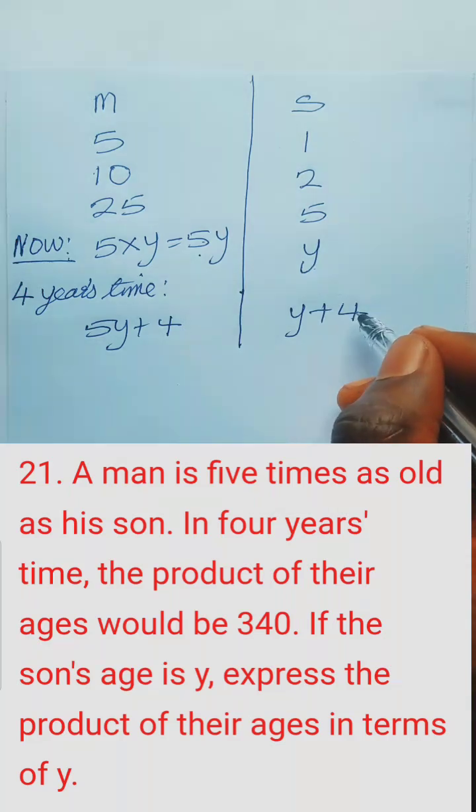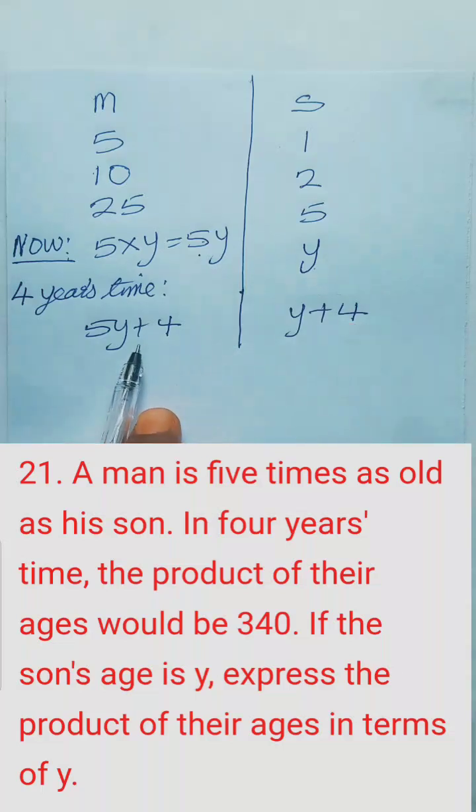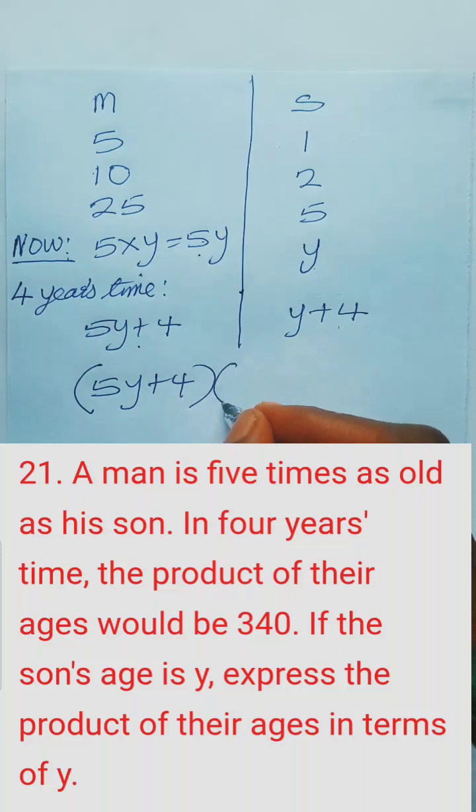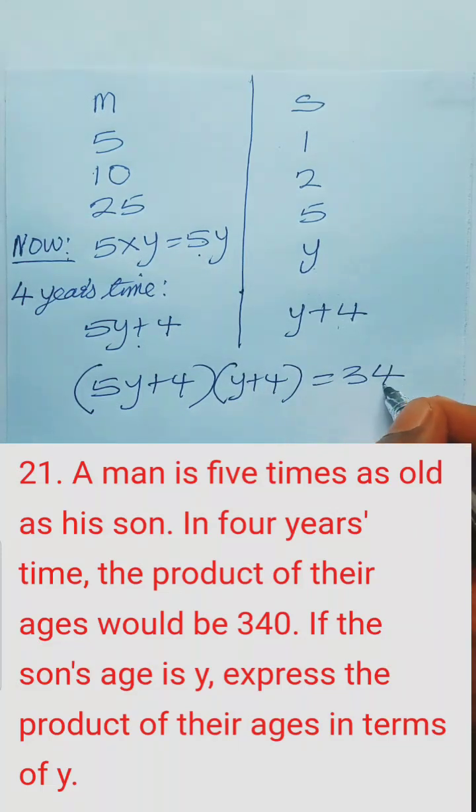Okay? But that's not the end of that sentence. The sentence says that in 4 years' time, the product of their ages will be 340. It means if I multiply the father's age by the son's age, I'm going to have 340.